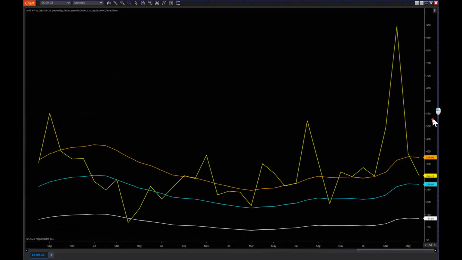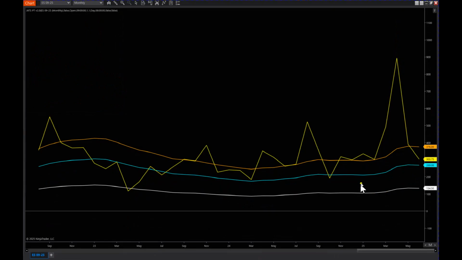So you can see that for the month of February 25th through April, the volatility was very high. That was that April tariff tantrum, compared to when the volatility for the month is trading below the monthly two, for instance, very low volatility.